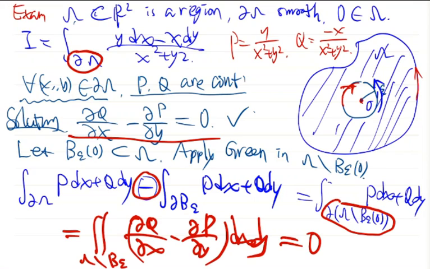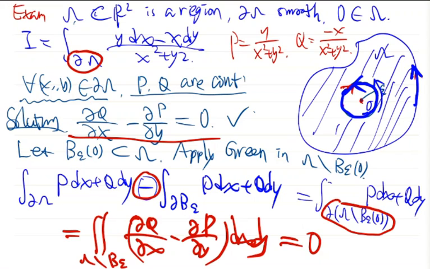So from this we see that the integral we want to compute equals the integral around the circle of radius epsilon with anti-clockwise orientation. For this circle oriented anti-clockwise, it is negative to omega. But this is what we need, and so the integral over the boundary of omega anti-clockwise equals the integral over the circle anti-clockwise.